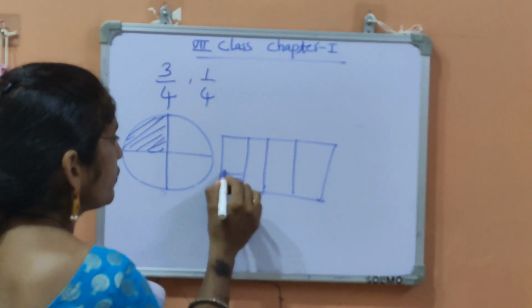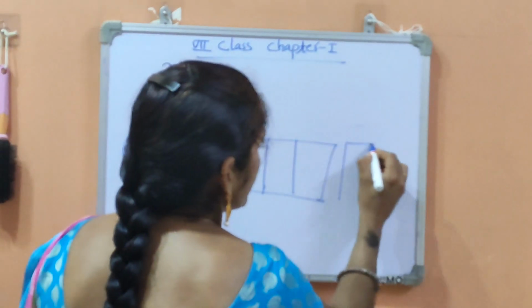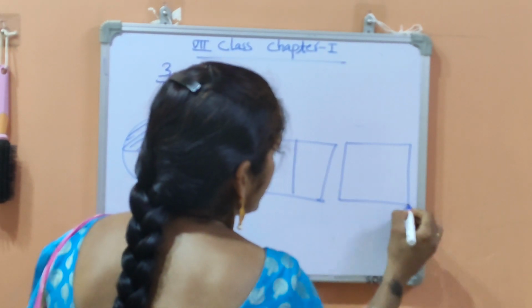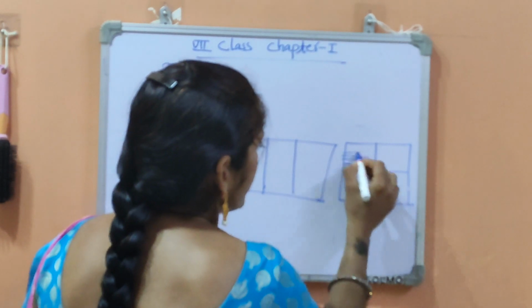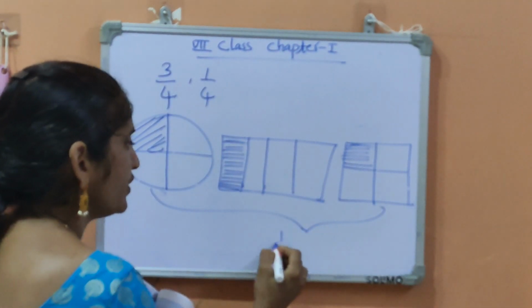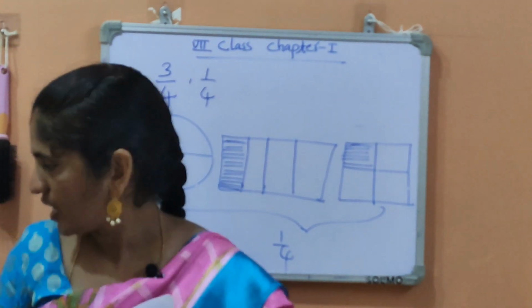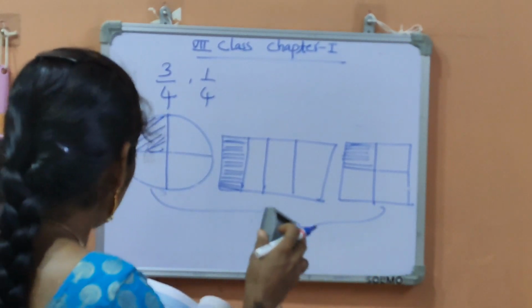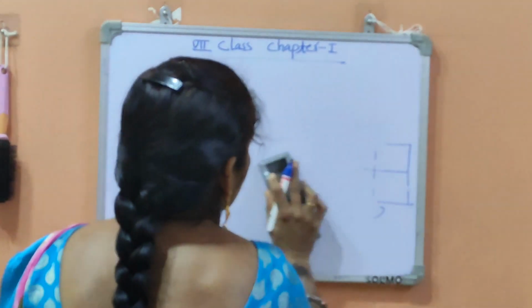Numerator is 1 means we shade 1 part. If we take a rectangle, what is the denominator? 4. So we divide the given figure into 4 equal parts. Numerator is 1 means we shade 1 part. If we take a square, we divide it into 4 equal parts and shade 1 part. These 3 pictures are showing the fraction 1 by 4. So this is about Try This, page number 54.